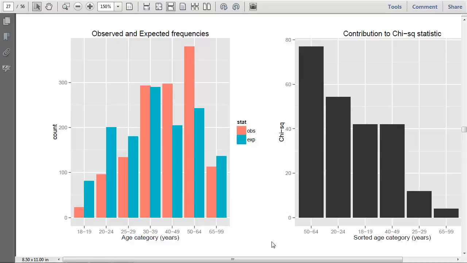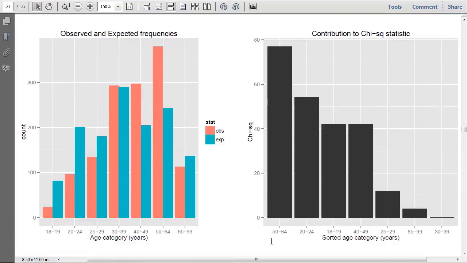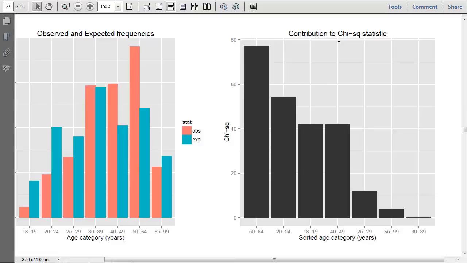On the right-hand side are the contribution to the chi-square statistic. So that's the second term. That's the column above that was the second to the right. It was the residuals squared. And notice that I've sorted this based on the contribution to the chi-square statistic from largest to smallest, and the age is along the horizontal axis.